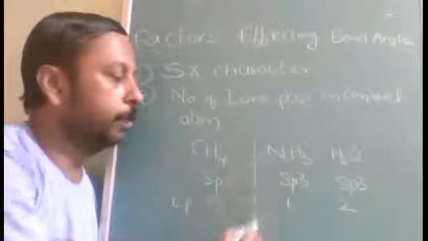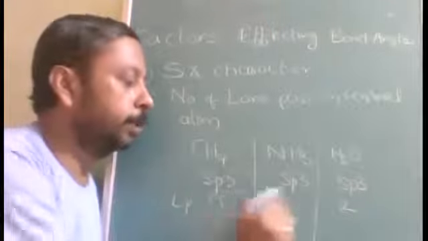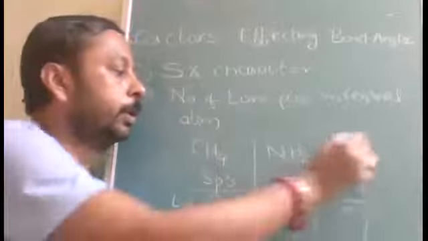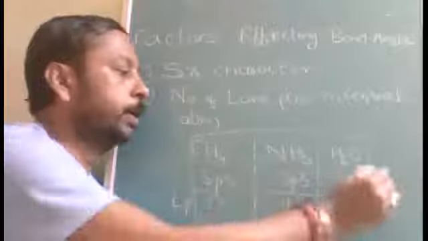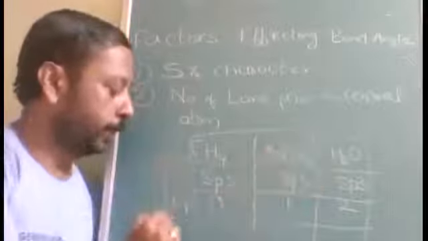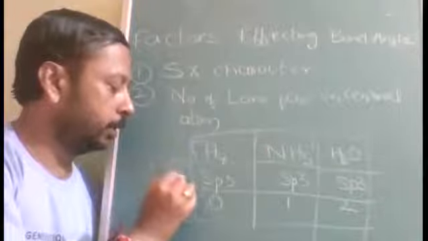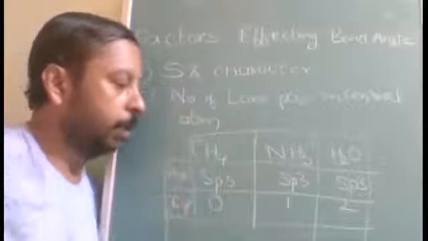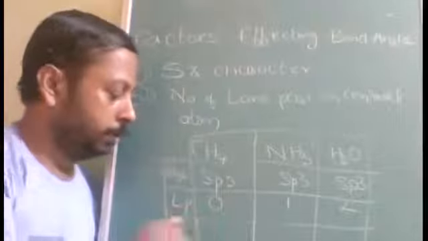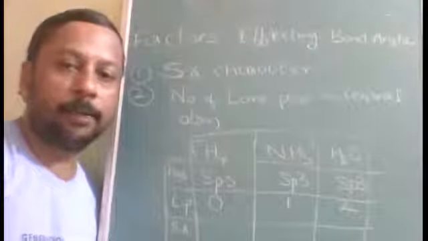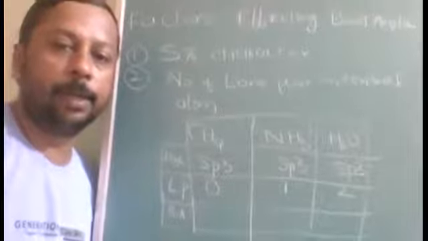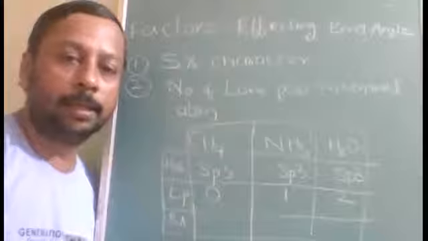Once the number of lone pairs increases, you must already know these very famous compounds. This is the hybridization, and the lone pair is done. So everybody must already be aware of the bond angle, because we have completed it in the hybridization chapter.